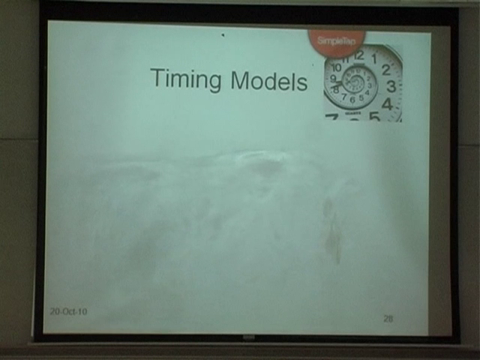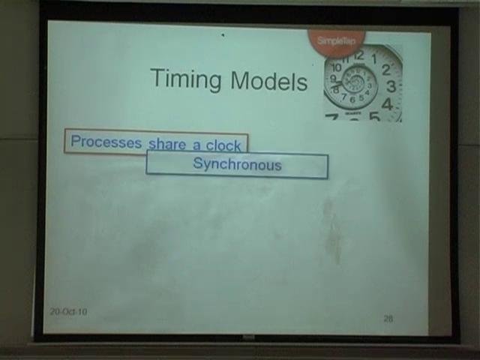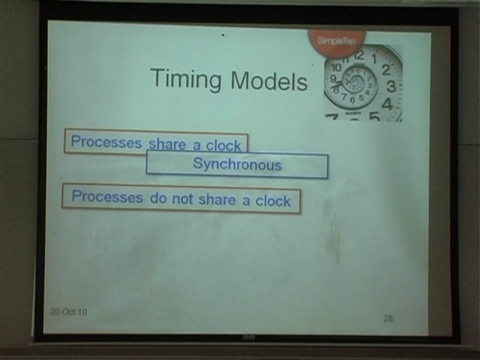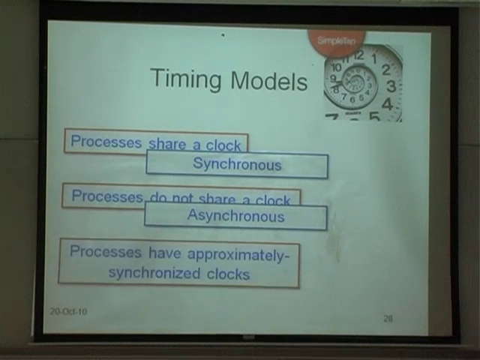Timing models. This is something where either the processes can share a clock. We call that the synchronous model. That's historically the oldest model. Or the processes don't share a clock, and we call that the asynchronous model. And the truth usually lies somewhere between, where processes have approximately synchronized clocks, which can go wrong a little bit.